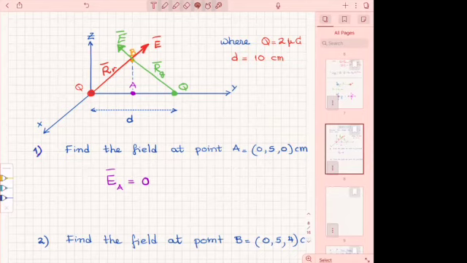Which means that if I was a free charge in there, ready to move, you will see that the charge will be forced to go up or down, but along the vertical line, all right?